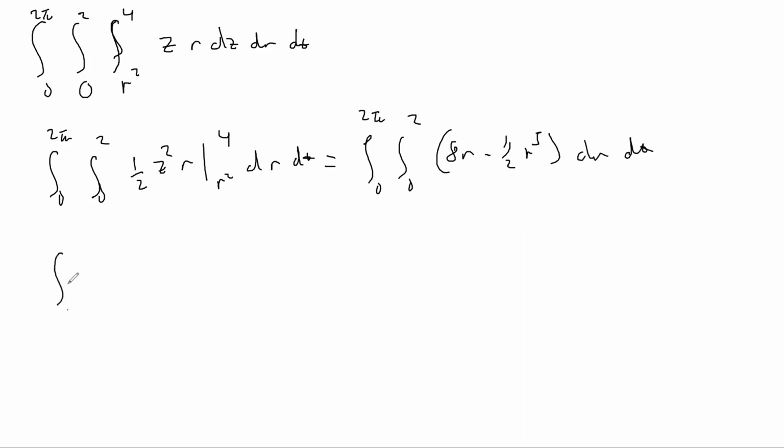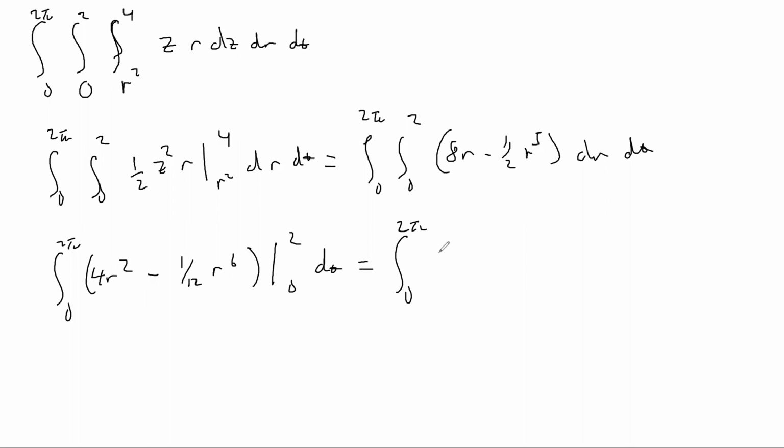Integrating with respect to r, it is going to be 8r squared over 2, so 4r squared, minus 1/12 r to the power of 6. And then this is going to be computed from 0 up to 2 with d theta. Extend this out, it'll be from 0 to 2 pi of 16 minus 2 to the power of 6, which is 64 divided by 12.